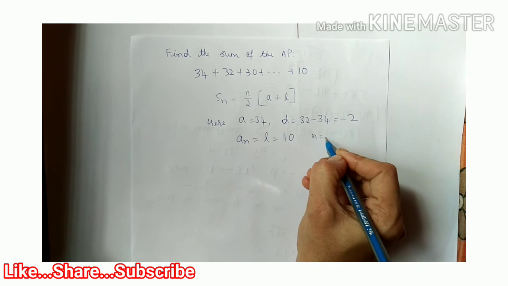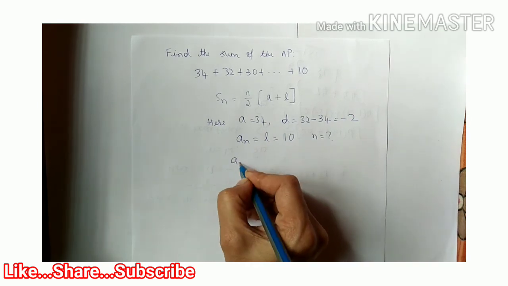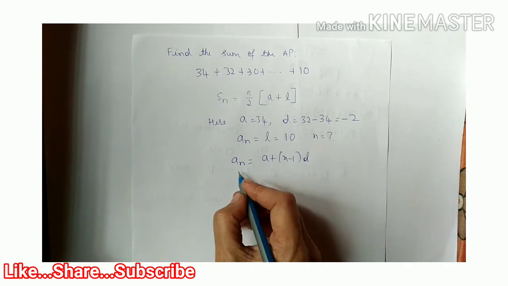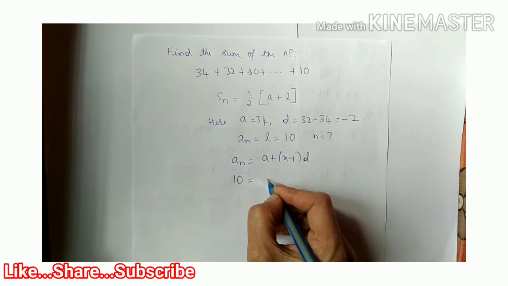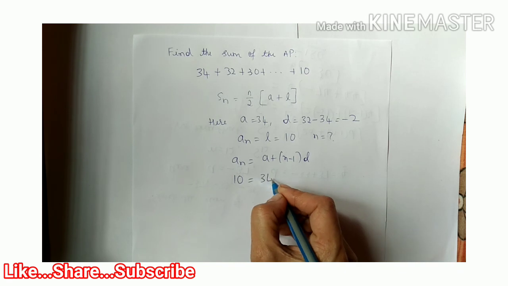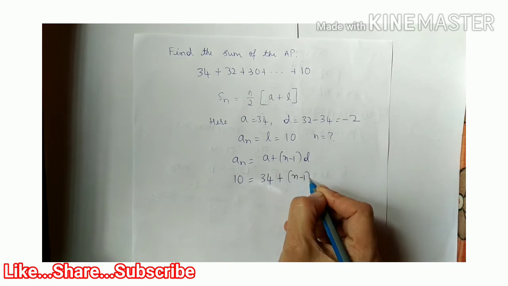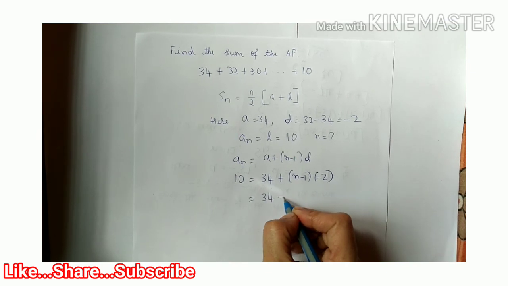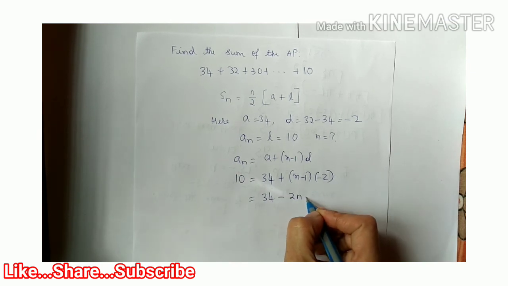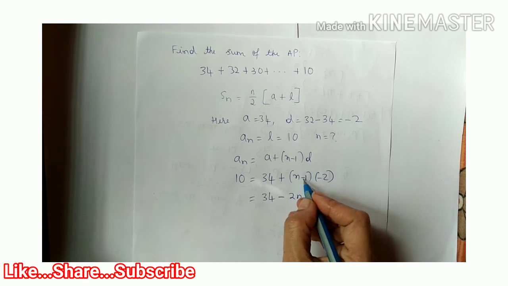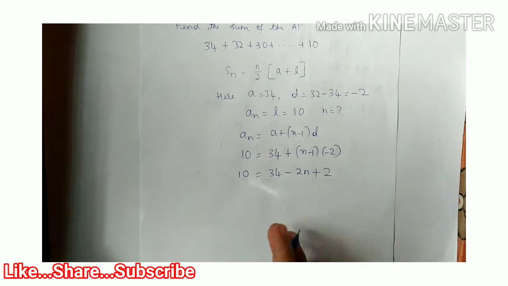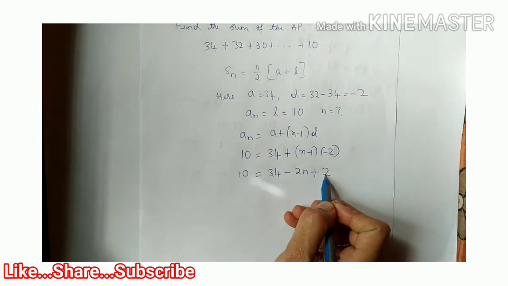The nth term of the AP is an = a + (n - 1)d. Here an is 10, a, the first term, is 34, d is -2. So 10 = 34 - 2n + 2, which is 36 - 2n.